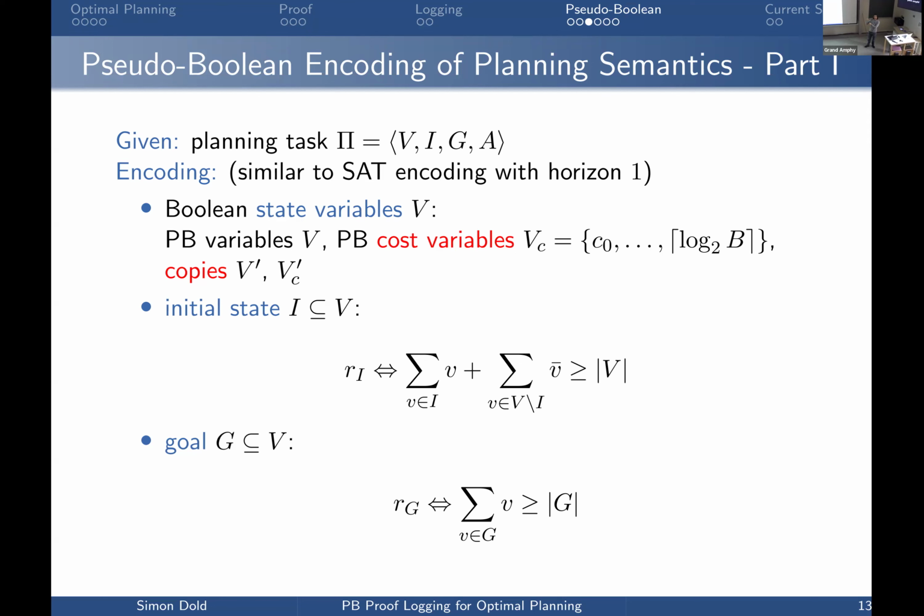And for the goal, we do this similar, but for the goal, we just care about the things that are true, and things that are not mentioned in the goal condition, we don't care about them, whether they are true or false. So we have a smaller conjunction there.